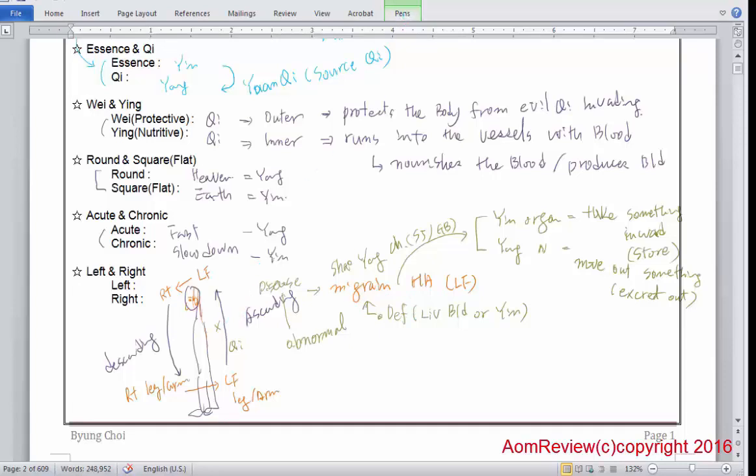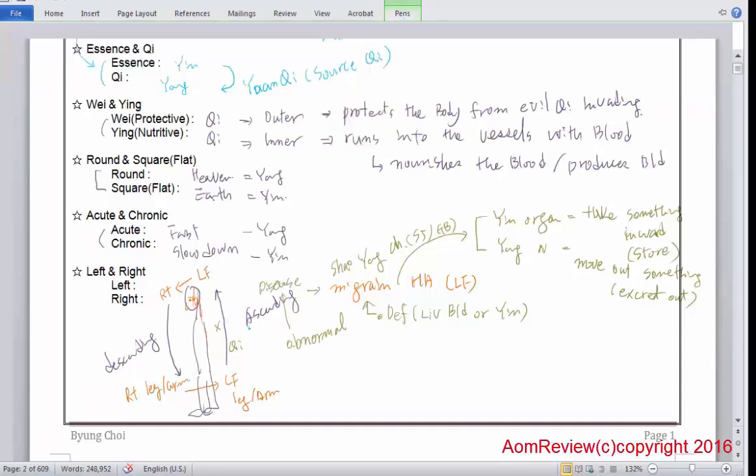And another one is if he has a migraine headache on his right hand side, what is expected? Mostly this might be an excess condition, because the left side is a deficiency condition, so the right might be related with excess.